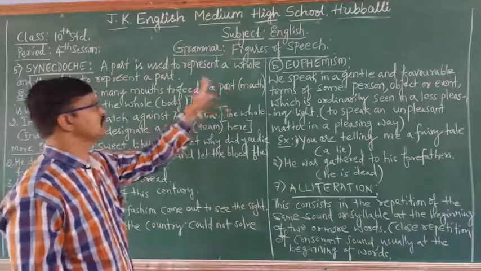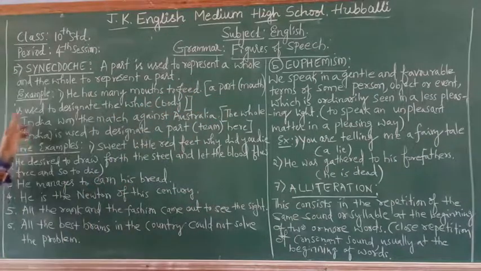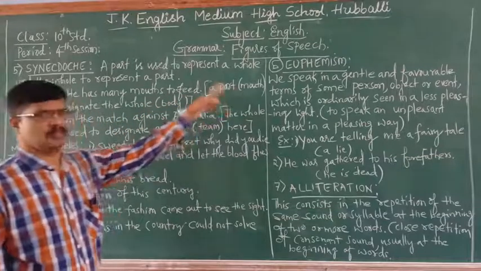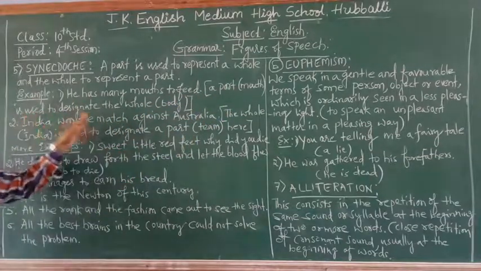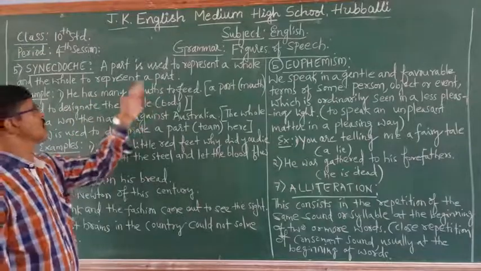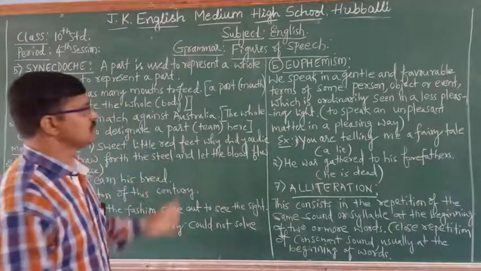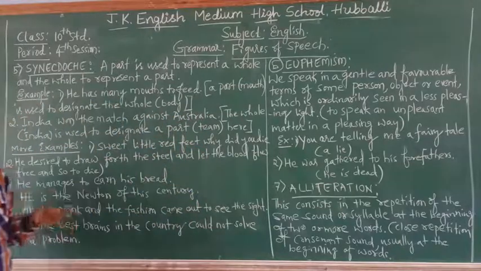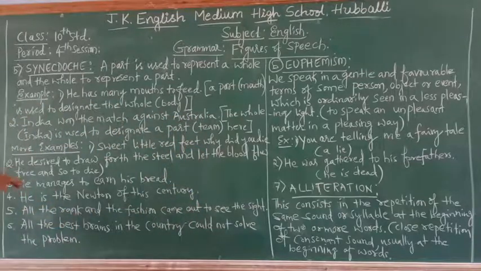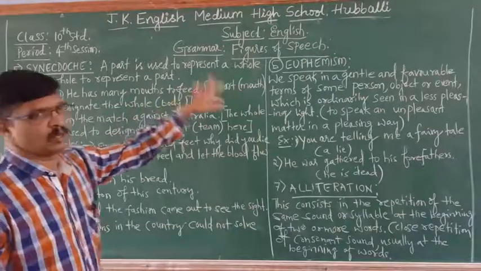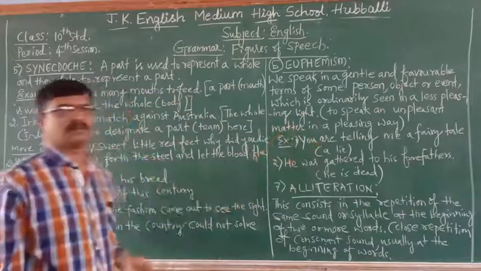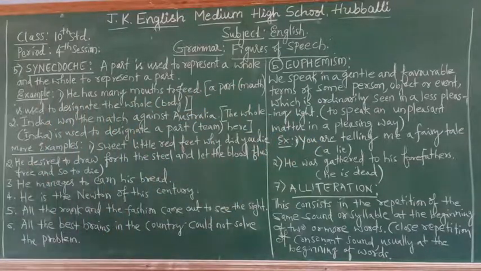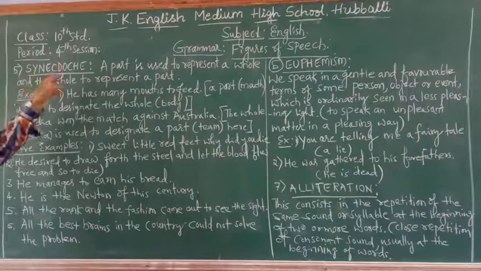Mouth represents a part, and it is used to designate the whole. Here the whole is the body. So the part is mouth and the whole is the body. Like that, we represent part for whole or whole for part. Such sentences we call synecdoche in figures of speech.